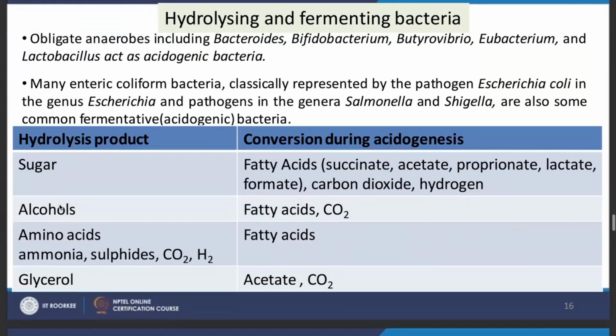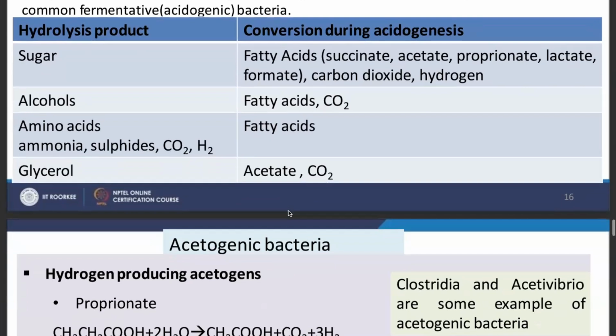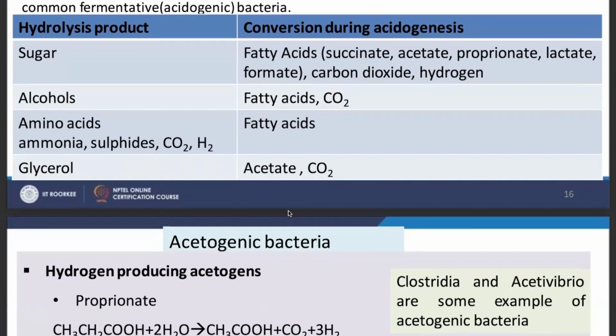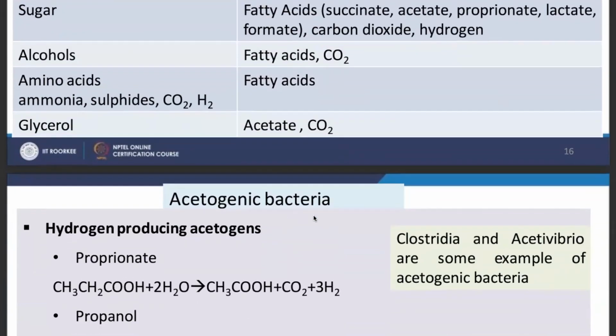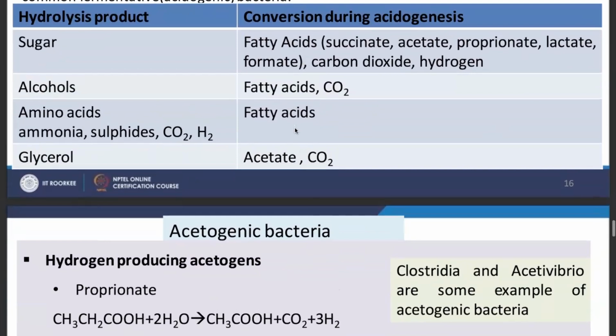Now, these simpler compounds are subjected to fermentation and they are further converted into simpler, unit or monomeric forms of the compounds, right? So now we are gradually degrading the complexity of the waste material or raw material here. Now we have these compounds as a raw material for our next stage.